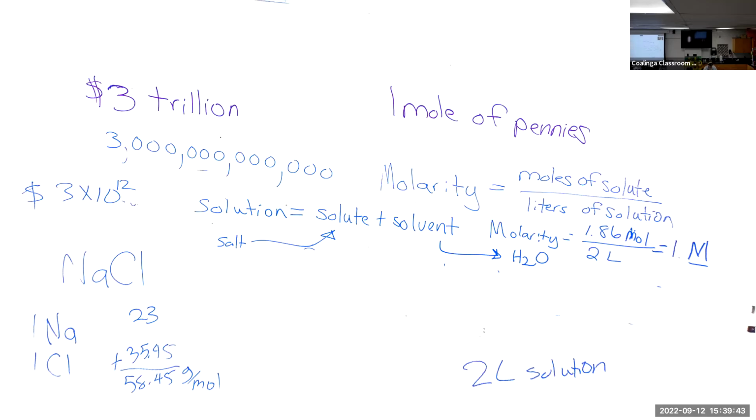Okay, so let's say I wanted to make a 0.5 molar NaCl solution. I know I have a 1 molar NaCl solution. And let's say I wanted to make 50 milliliters of it.